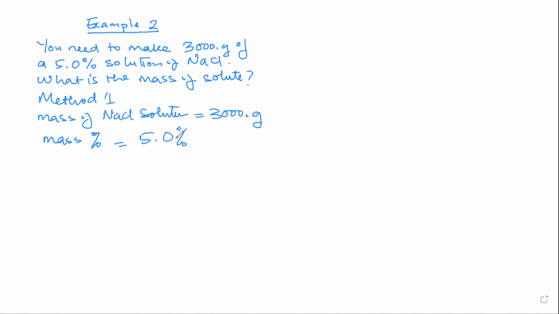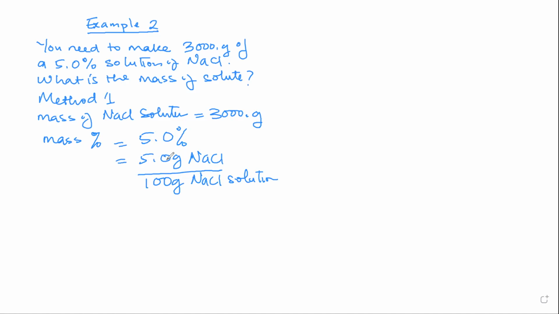Then we have to look at the meaning. This means 5.0 grams of sodium chloride all over 100 grams of sodium chloride solution. We know this concentration. There's 5 grams in 100 grams solution.